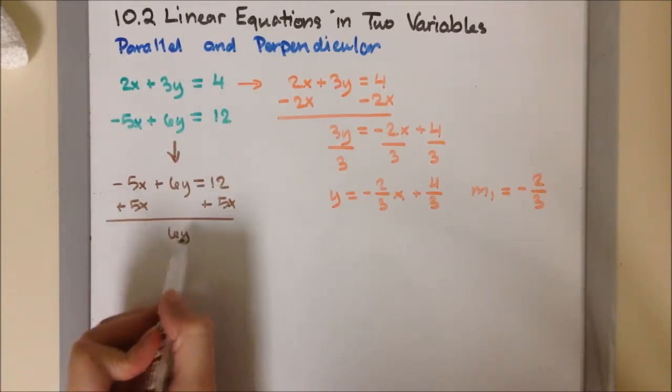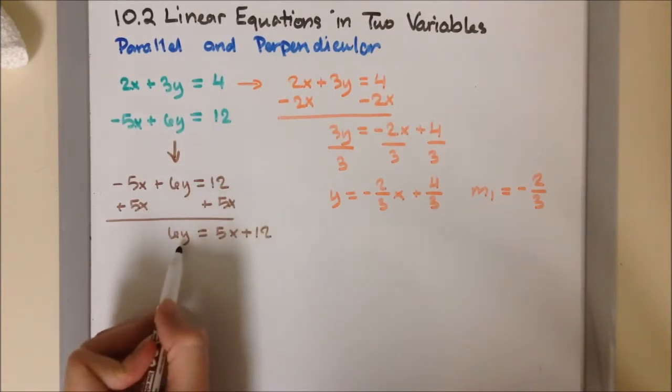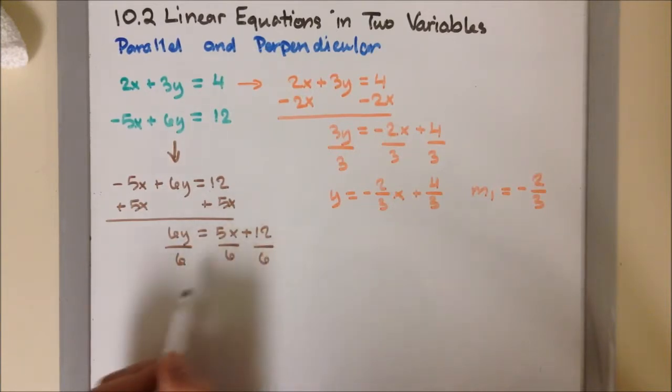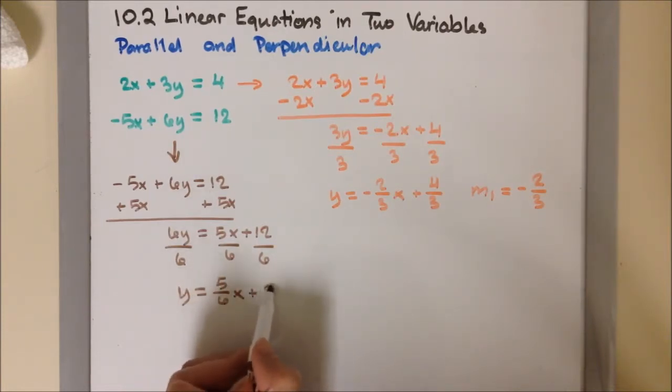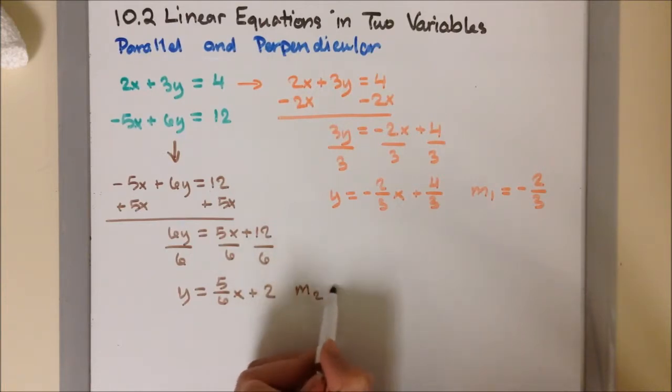So it's 6y equal to 5x plus 12. Then I'm going to divide both sides by 6. So I'm going to have y equal 5/6x plus 2. Nothing else to simplify, so my second slope is 5/6.